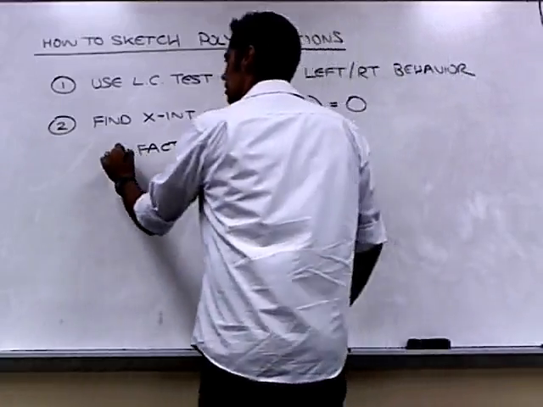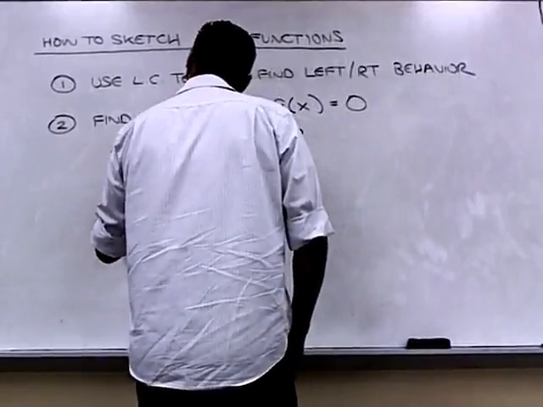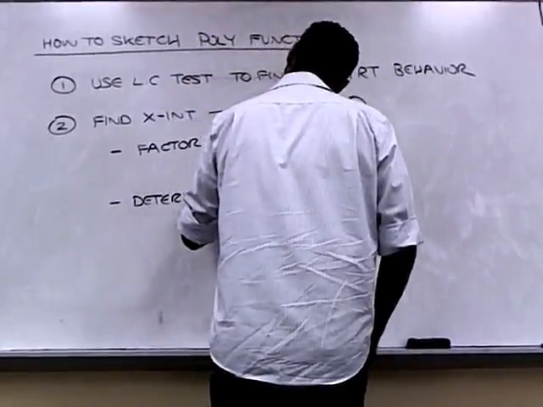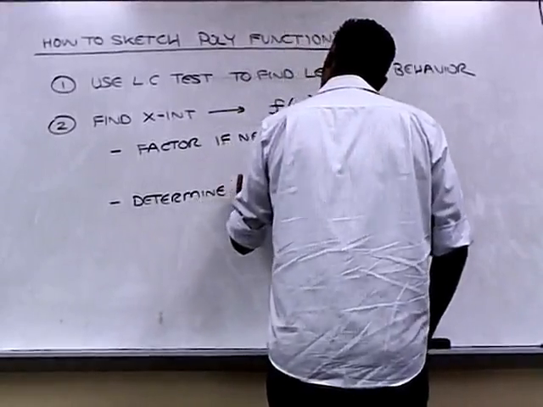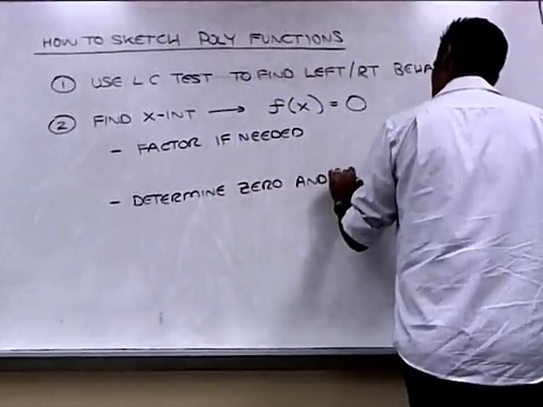Once we factor, determine the zeros and bounce or cross.